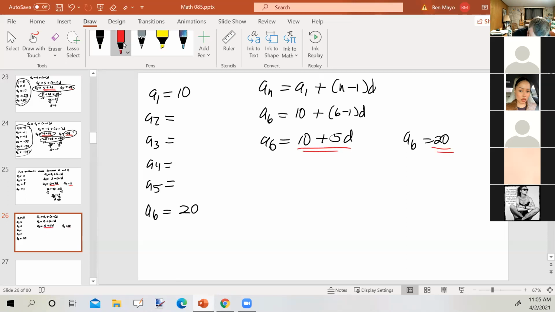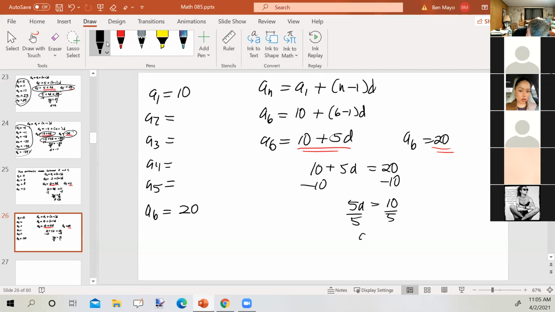So 10 plus 5d equals 20. Subtract 10 from both sides. 5d equals 10. Divide by 5, d equals 2. 10 plus 2 is 12, plus 2 is 14, plus 2 is 16, plus 2 is 18, plus 2 is 20. That one was pretty easy.